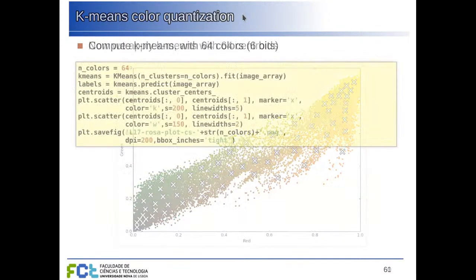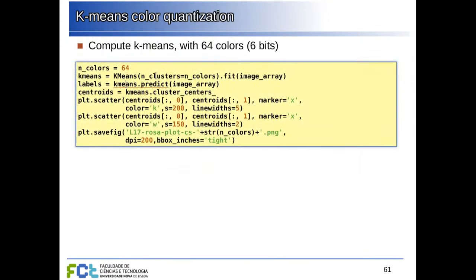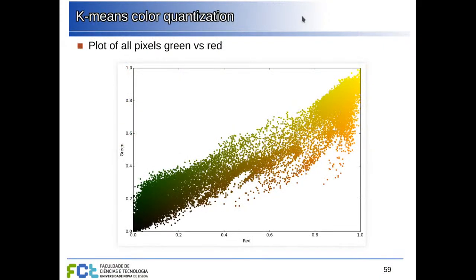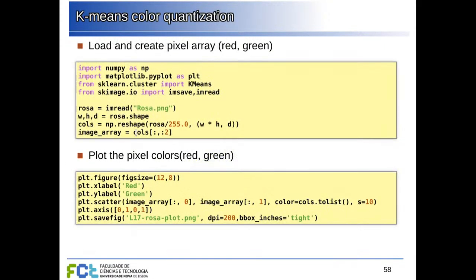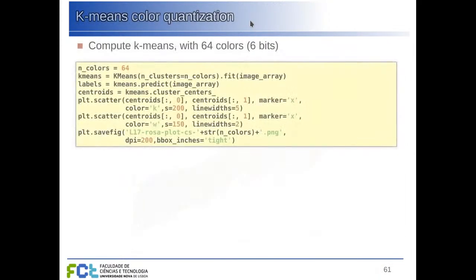We create an object of this class by specifying the number of clusters, so in this case 64, and we can just fit our data. So our data is this array that we created, looking only at the red and green components of our colors. So it's a matrix that has as many rows as the pixels in the image and 2 columns for the red and green channels.